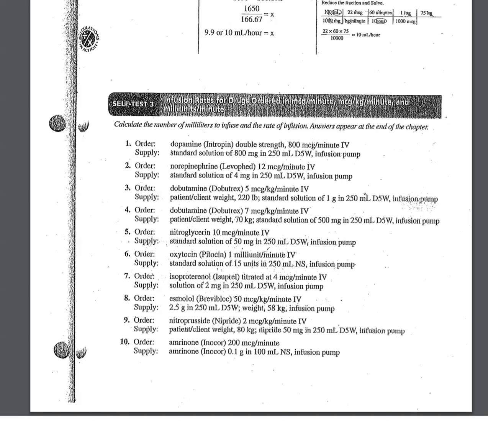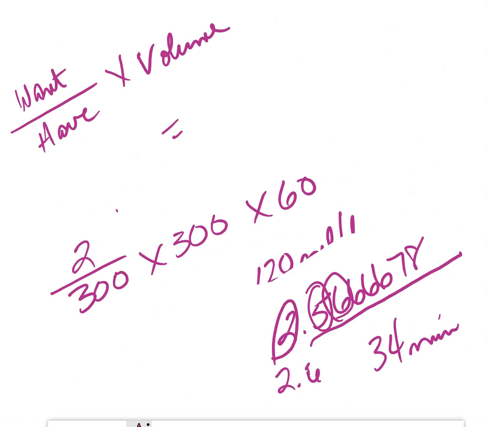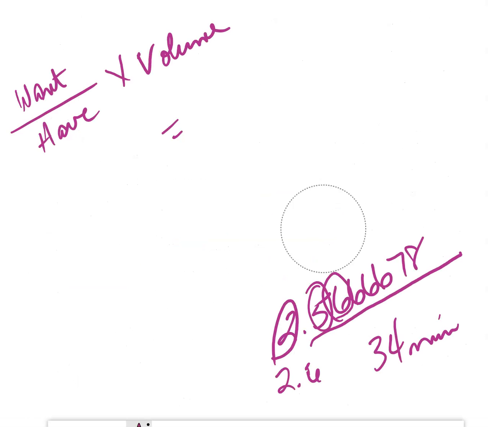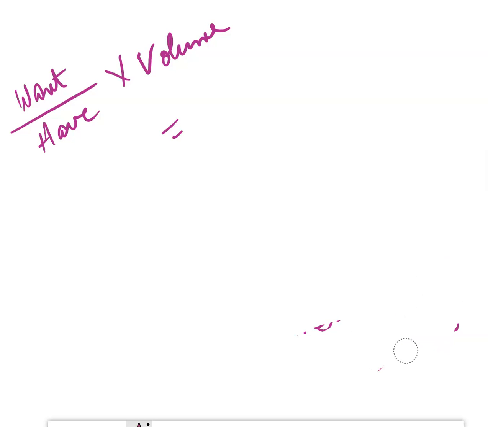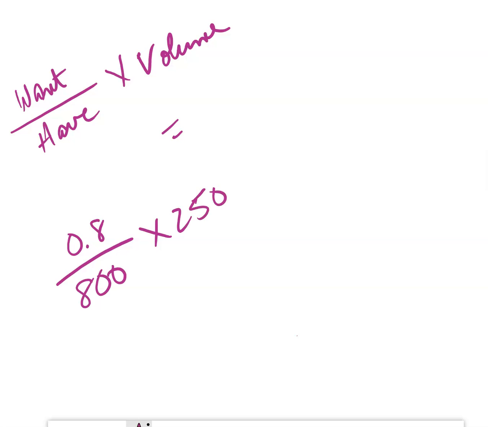So for this one, I actually converted the micrograms, and let's see here, my trusty whiteboard. I have 0.8 divided by 800 times 250 times 60, because we want it for the whole hour, and I actually got 15 mLs.